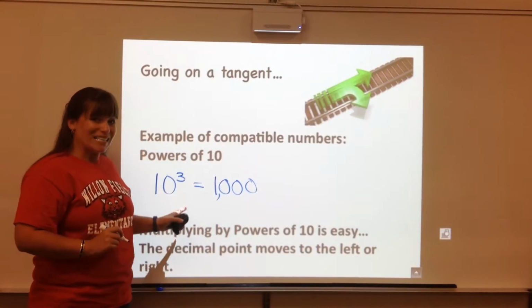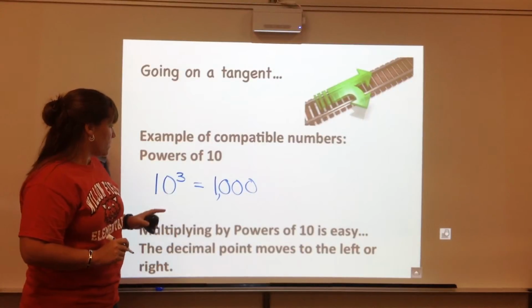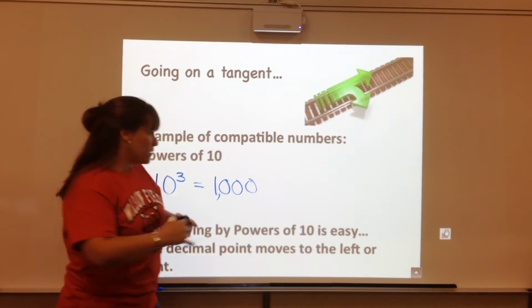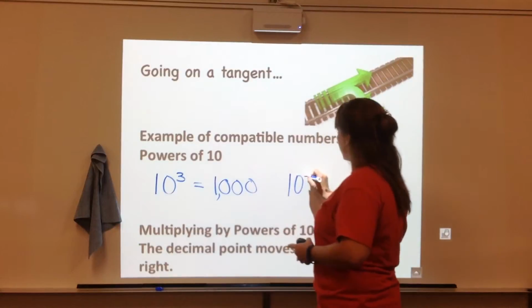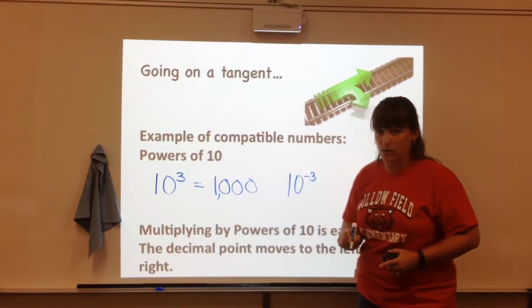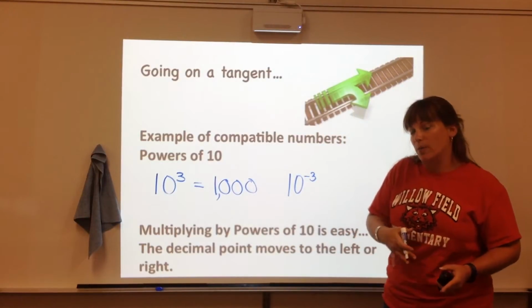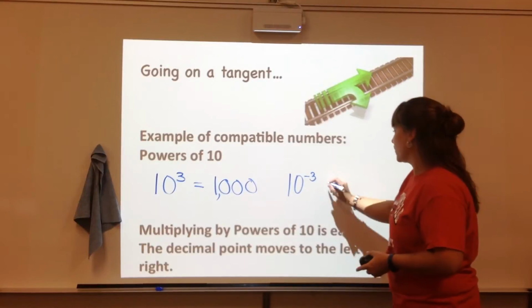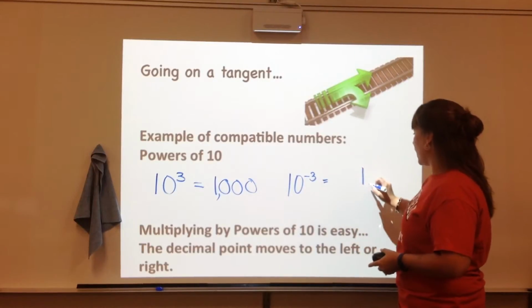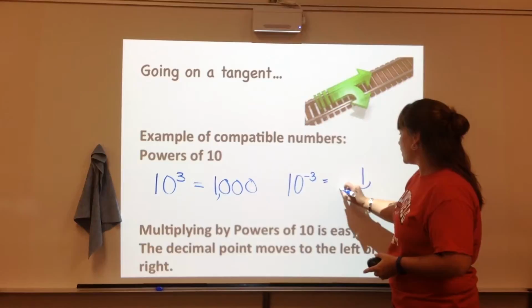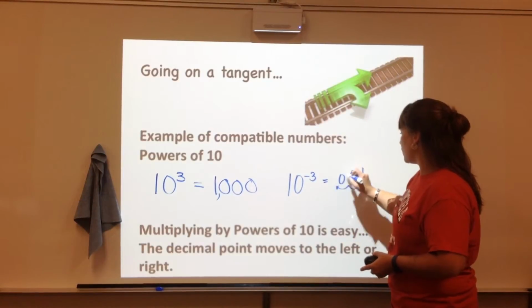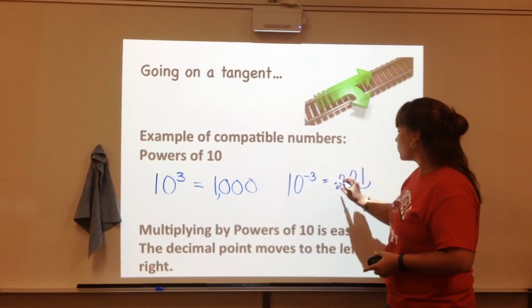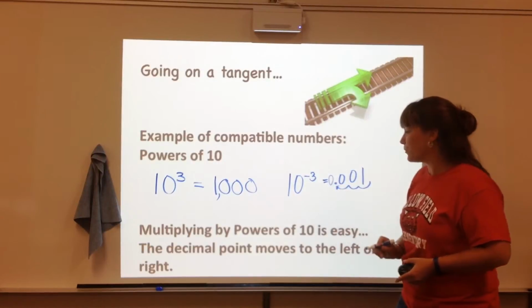That's a positive power of 10. And the opposite, 10 to the negative third power, that's dealing with a small number, still dealing with base 10. We're going to take that 1 and go 3 spots to the left. And there's technically a 0 there too.